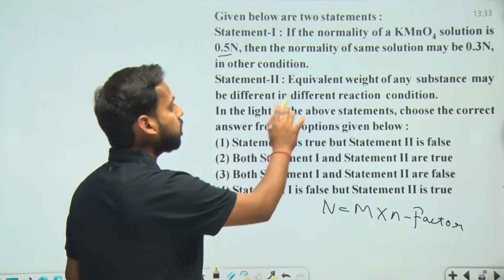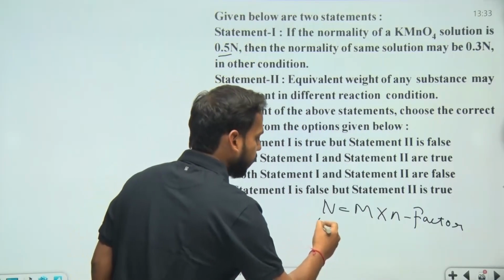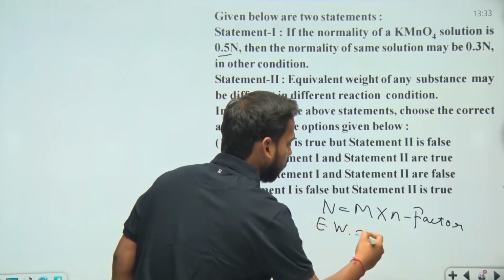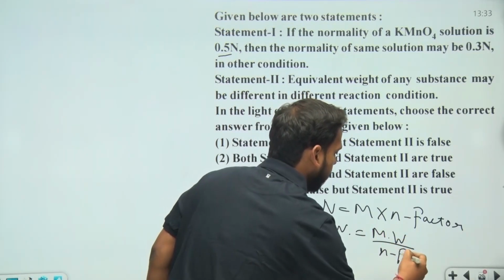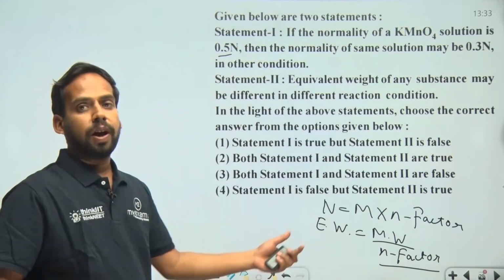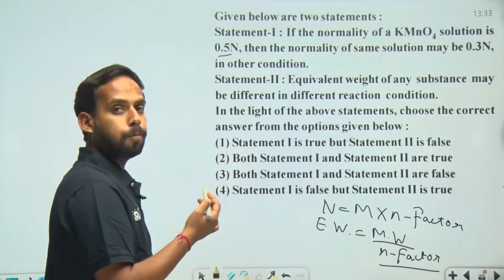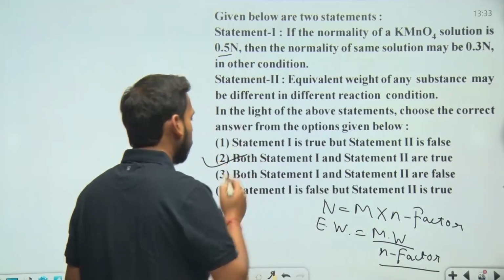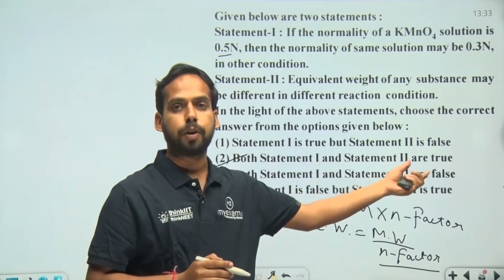Statement 2: the equivalent weight of any substance may be different in different reaction conditions. Equivalent weight is equal to molecular weight divided by the n factor. The n factor varies according to the medium. So statement 2 is also correct. So option second is correct. Both statement 1 and statement 2 are true.